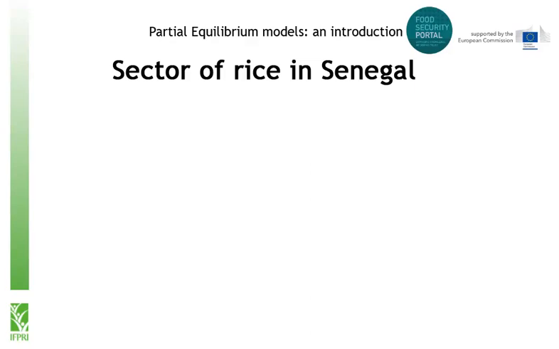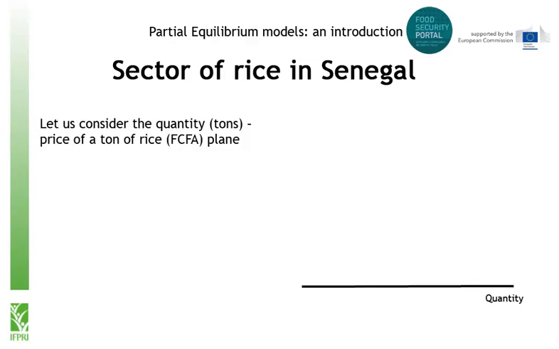We consider the plane with quantity on the horizontal axis, in tons of rice, and the vertical axis, which is the price of a ton of rice. The monetary unit can be franc CFA, US dollar or euros, but I consider franc CFA here.